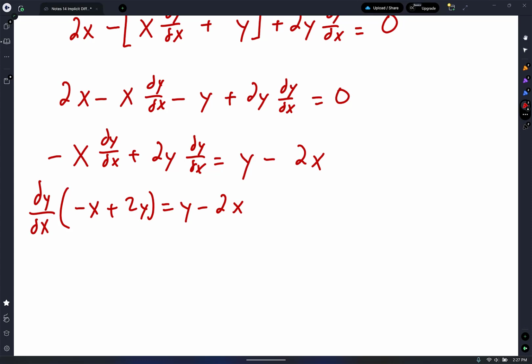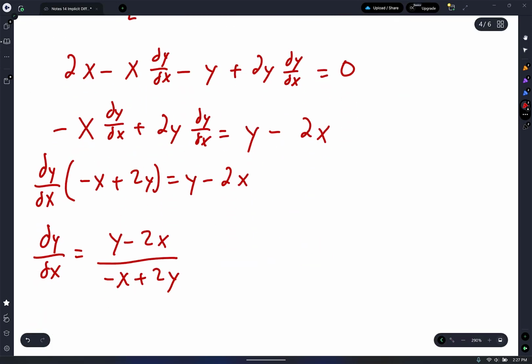Divide by negative x plus 2y. Dy dx equals y minus 2x over negative x plus 2y. Sometimes I like to put the 2y in the front because that negative starts floating. And I need my slope at the point negative 1, 2.